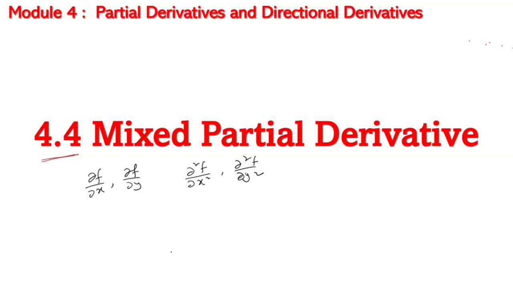Now we will have the mixed partial derivative, del^2 f / del x del y, meaning one time with respect to y and another time with respect to x. We will also discuss the opposite order and how they are connected. This is called the mixed partial derivative.